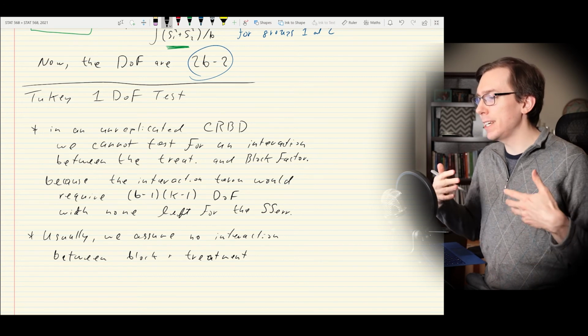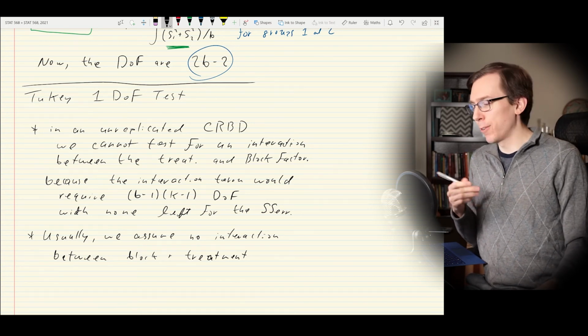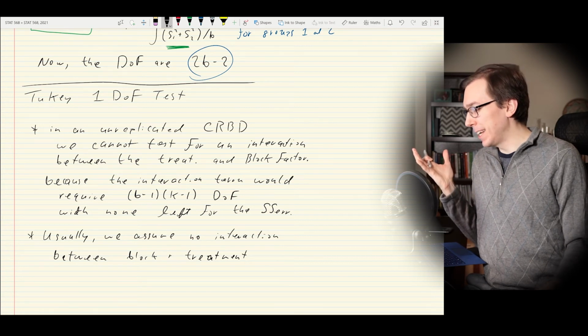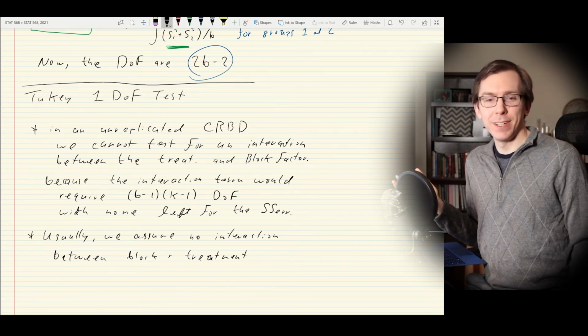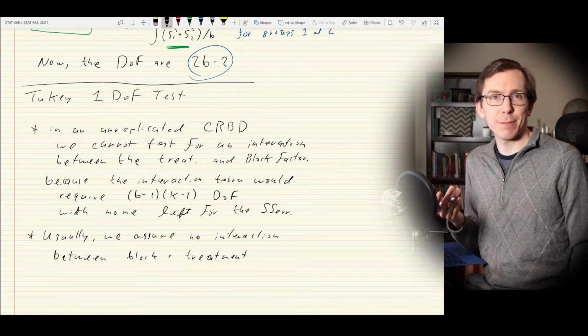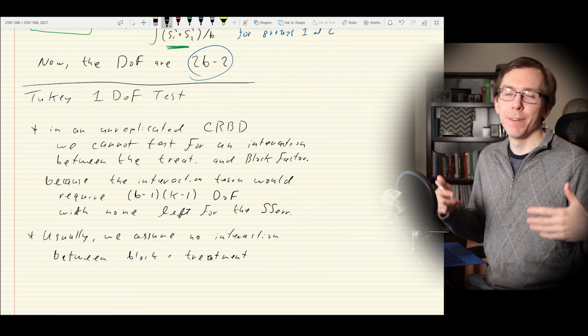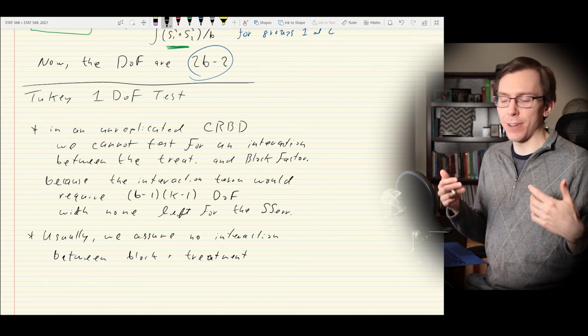It usually is reasonable to assume, but there are cases where it may not be. For example, giving medicine to an older versus a younger person may have a different effect because of how the biology of their systems change as they age. So there are cases where there could be interactions.